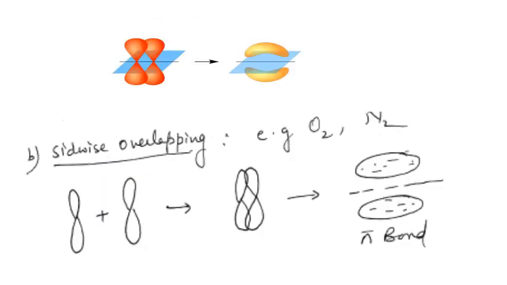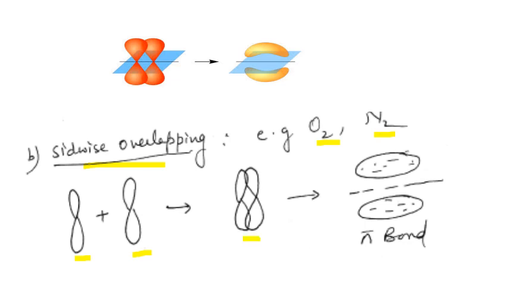The other type of overlapping in pp is the sidewise overlapping, which is asymmetrical, and is shown in the oxygen molecule and nitrogen molecule. Sidewise overlapping is not a strong overlapping, and this is how the p orbital of one atom overlaps with the p orbital of another atom.